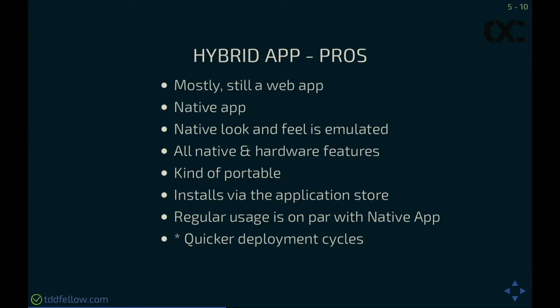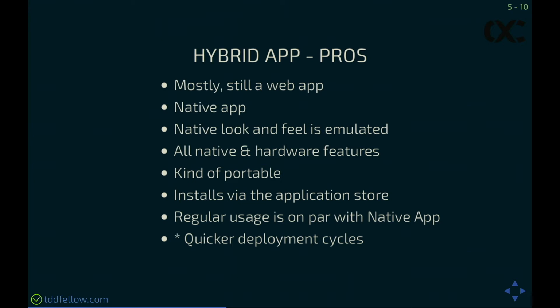Native look and feel is still emulated because you will still have to emulate it with CSS. You can't just use primitives from your system. You will get all the native and hardware features thanks to those bridges written in another language. And it's kind of portable because you would have to rewrite only 5 to 6%, depending on your mileage with your application.